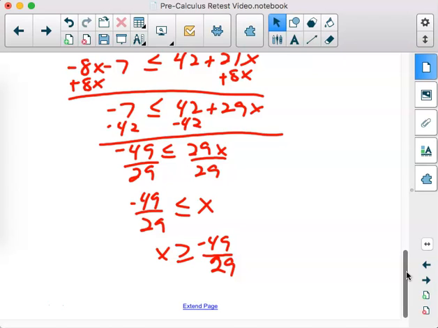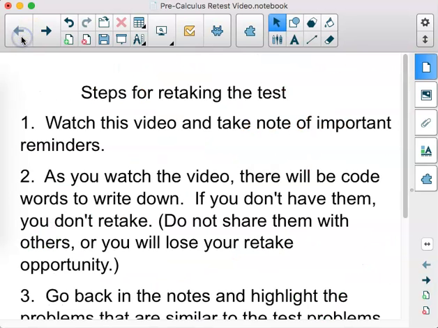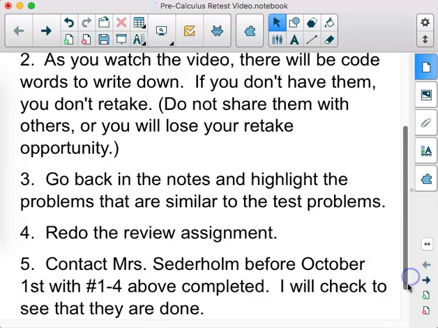So you have your code words, and that's the first thing you need to take care of is make sure that you have those code words for me. You have to show me that you've gone through all of this. Let me back up. Go through this list one more time. Then you have to go ahead and go back in your note packet and highlight each of these problems.